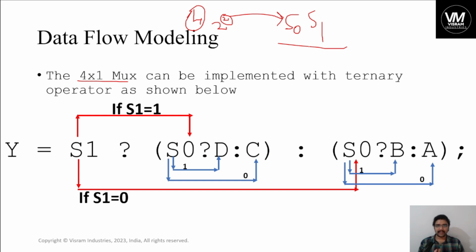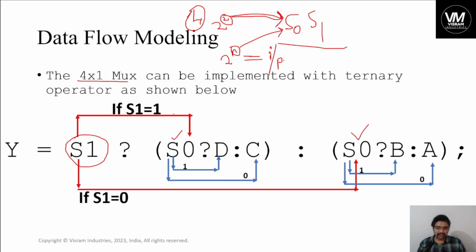If you recall the basics of multiplexer, if there are 2 power n inputs, there are n selection inputs. Selections are also inputs, and these are major inputs. For that, based on S1 you need to decide what S0 is.